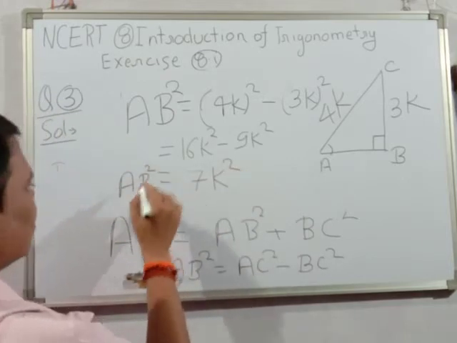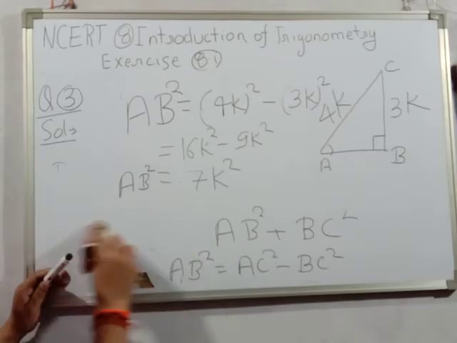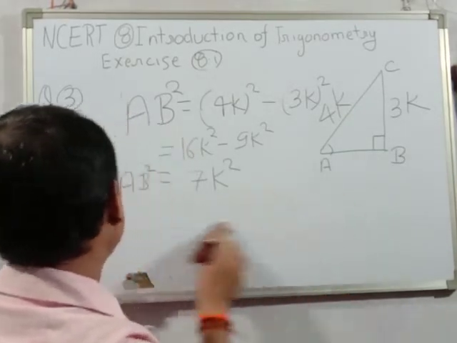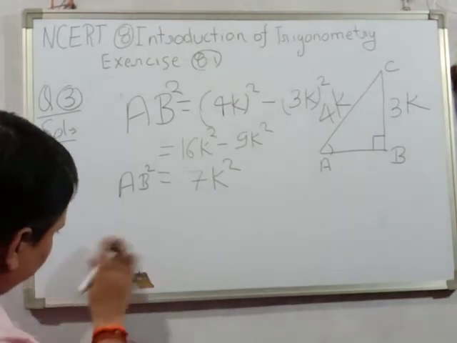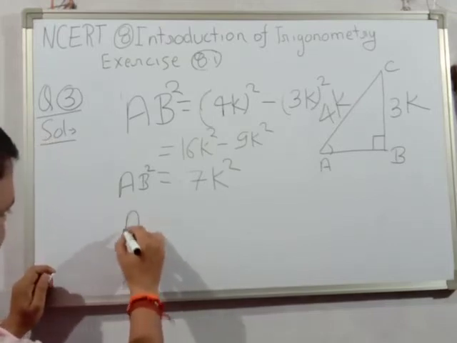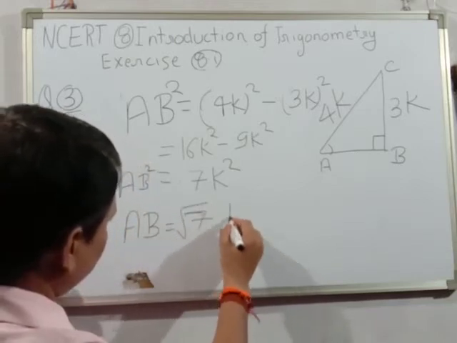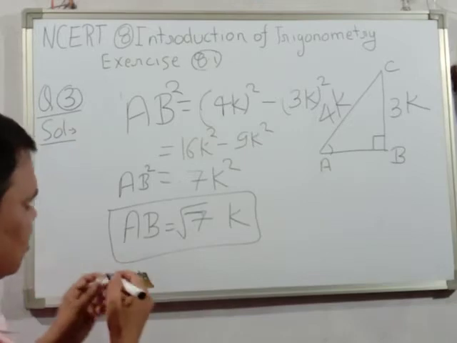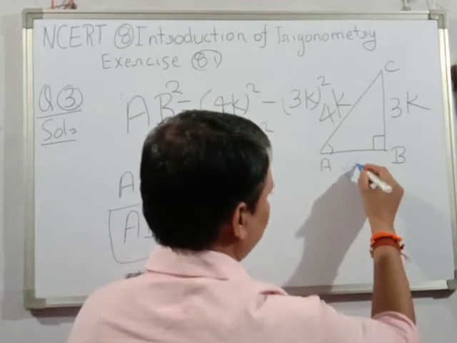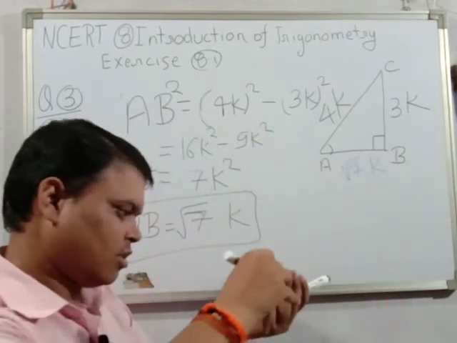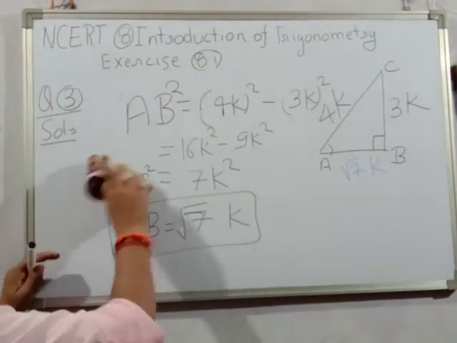This is AB square. On taking square root on both sides, what will we get? The value of AB is root 7 K.